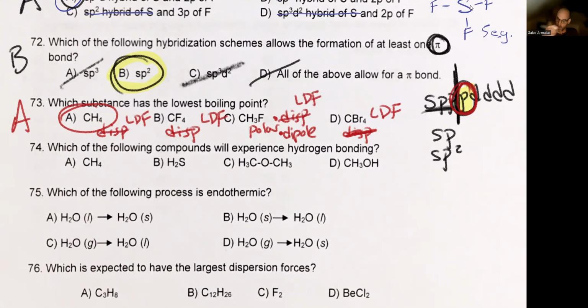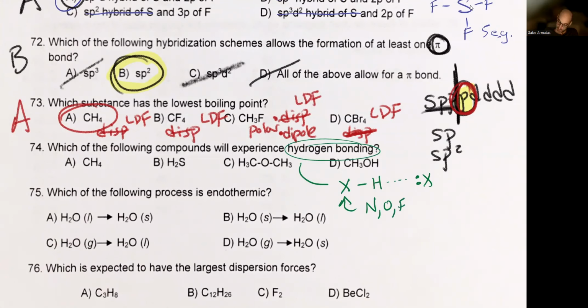Which of the following is going to go through hydrogen bonding? Okay, in order to have a hydrogen bond, we need a super electronegative atom, where X is equal to nitrogen, oxygen, or fluorine. So that's what we need. And then we need a lone pair on nitrogen or oxygen or fluorine.